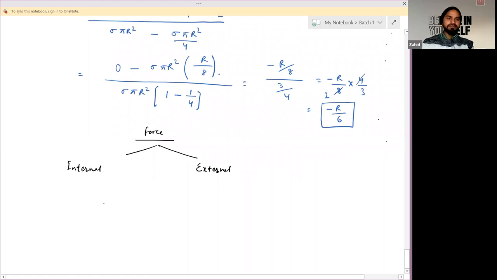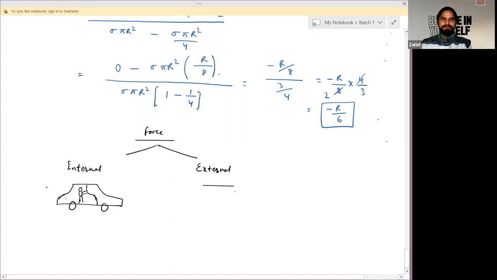Suppose there is a car, and an individual from the back is applying force to this particular front seat.